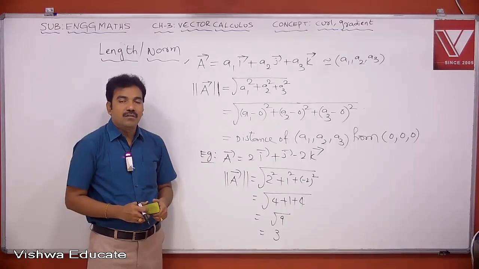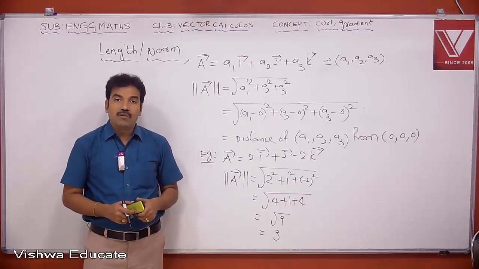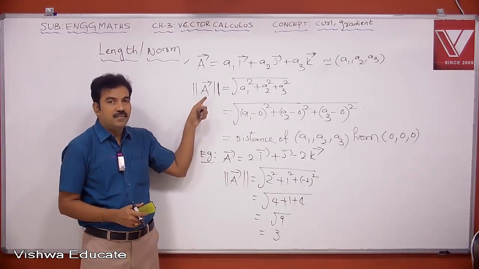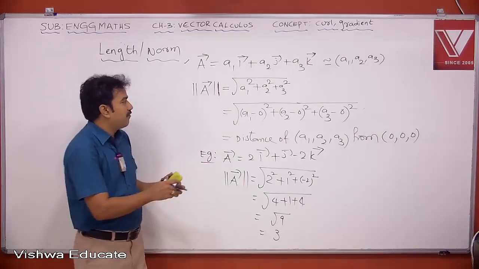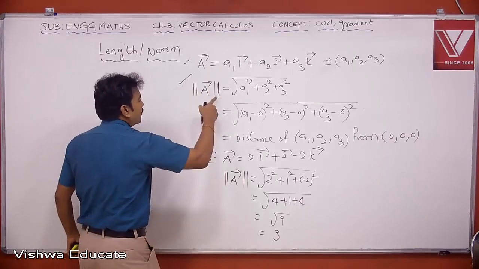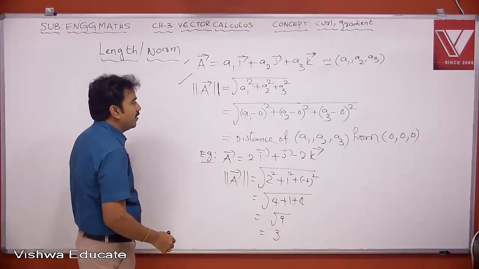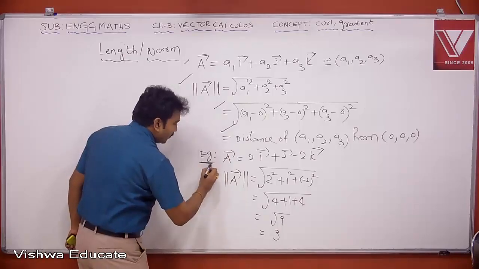The length or norm of A bar is denoted and defined as norm A bar equal to square root of A1 square plus A2 square plus A3 square. So next you continue these two lines followed by an example.